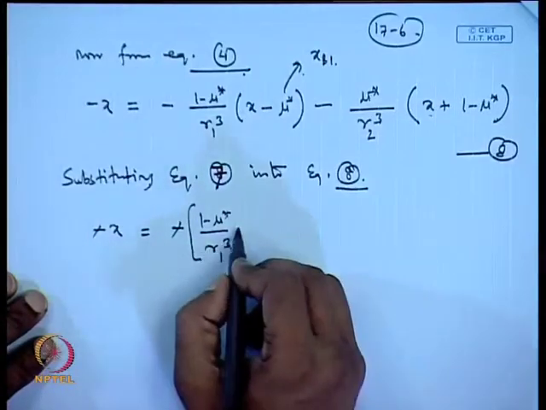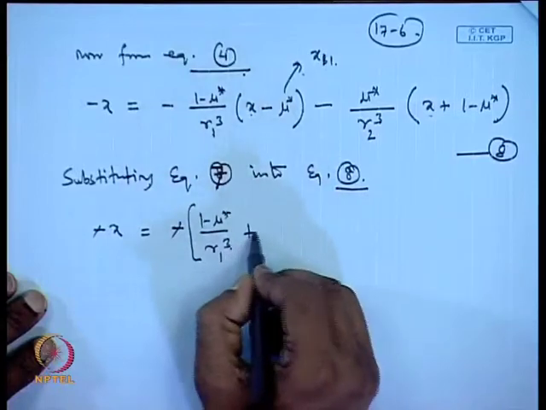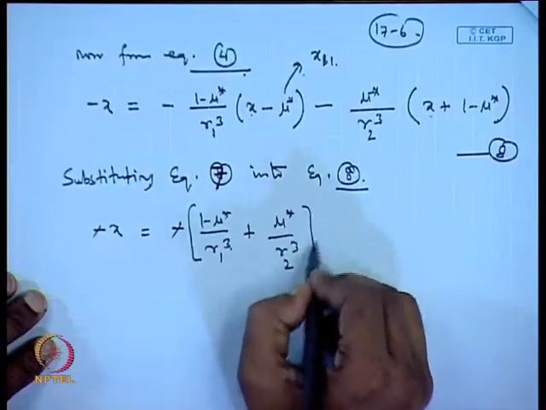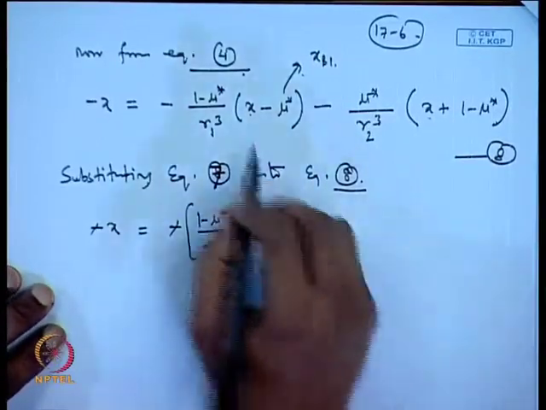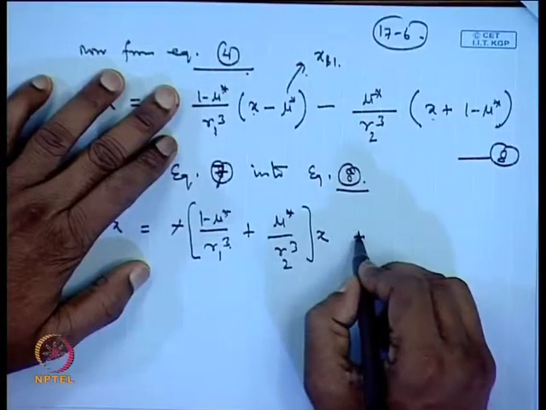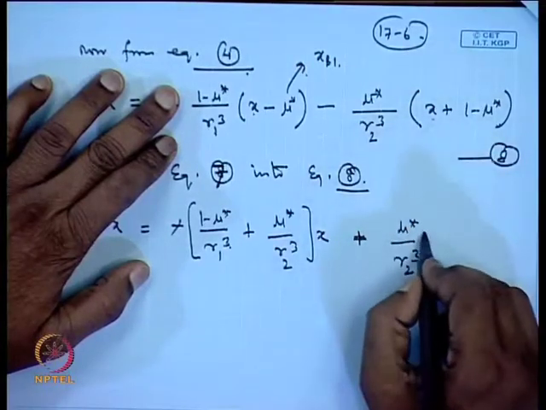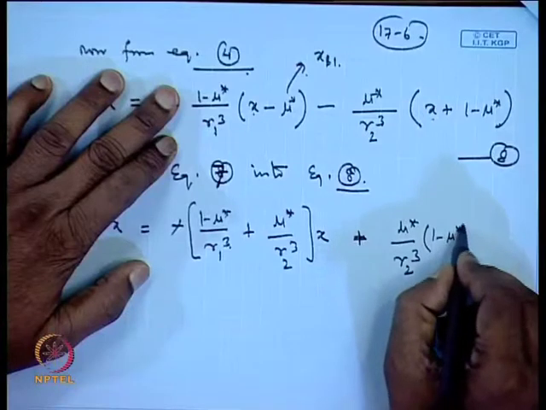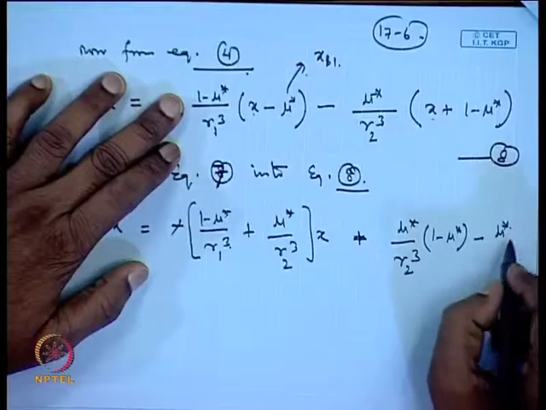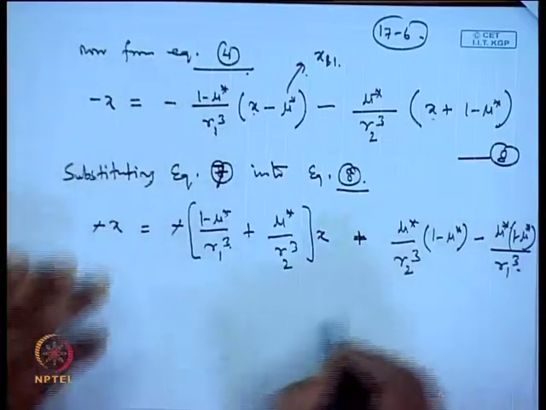So, let us remove the minus sign at this stage itself. So, 1 minus mu star by r 1 cube times x, and from here we sort out mu star by r 2 cube times x, and then from this place we will have plus mu star by r 2 cube times 1 minus mu star minus mu star times 1 minus mu star divided by r 1 cube.